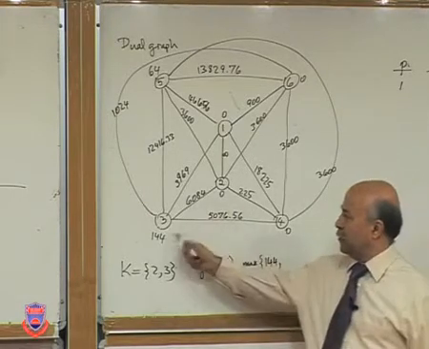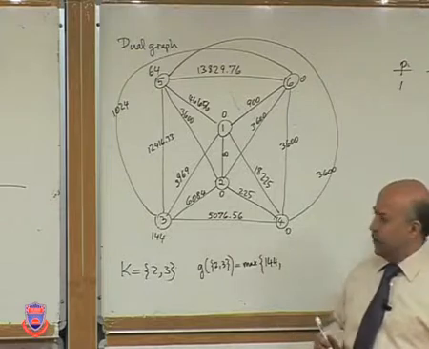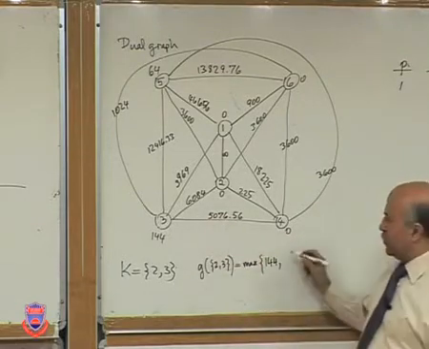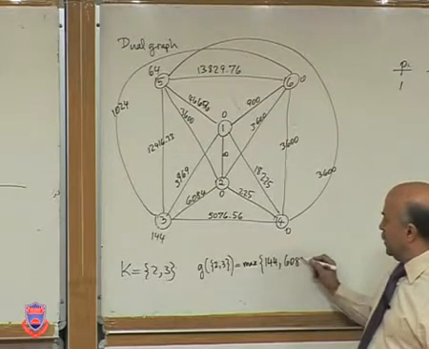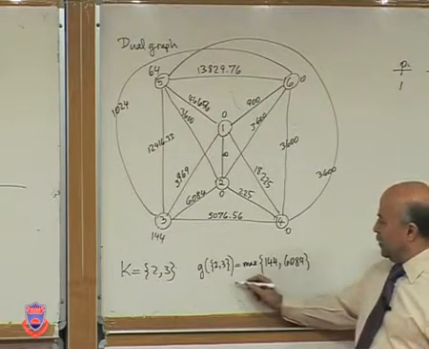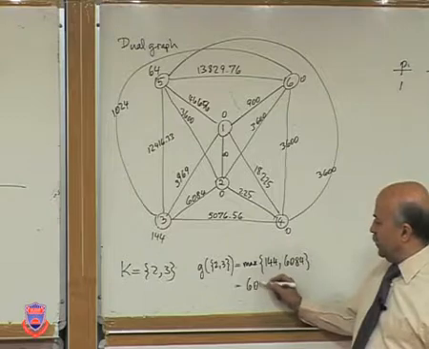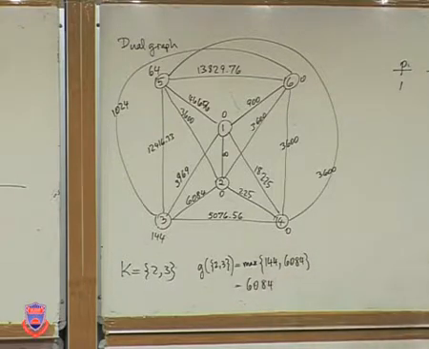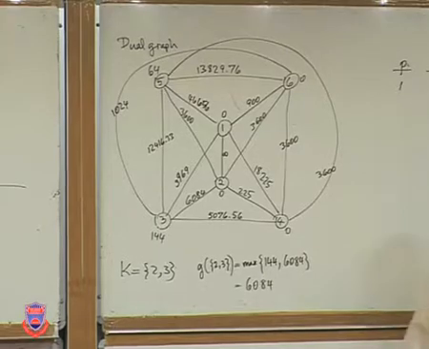You take the larger of the node values. What is the beta value? There's only one beta under consideration, so it's that. So this has the value 6084, but I'm trying to minimize this function. So in my optimal dual, this is probably not the best choice.